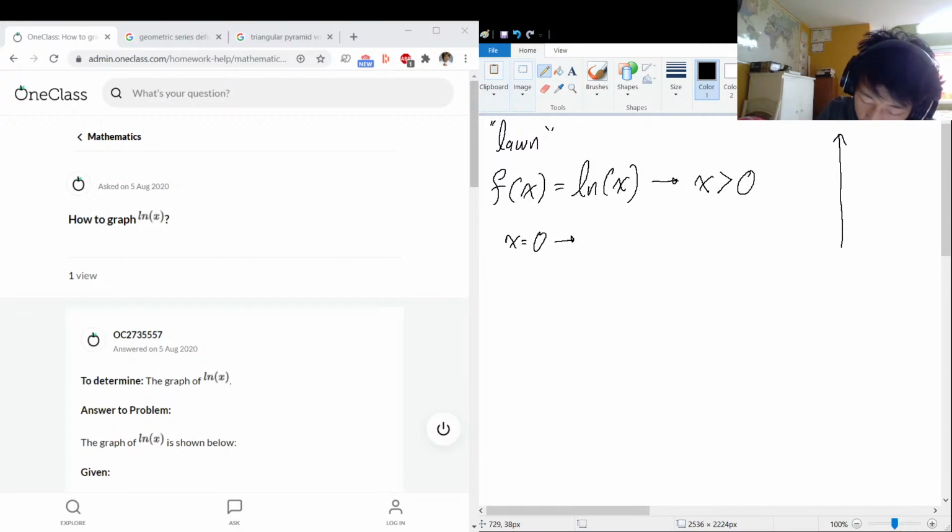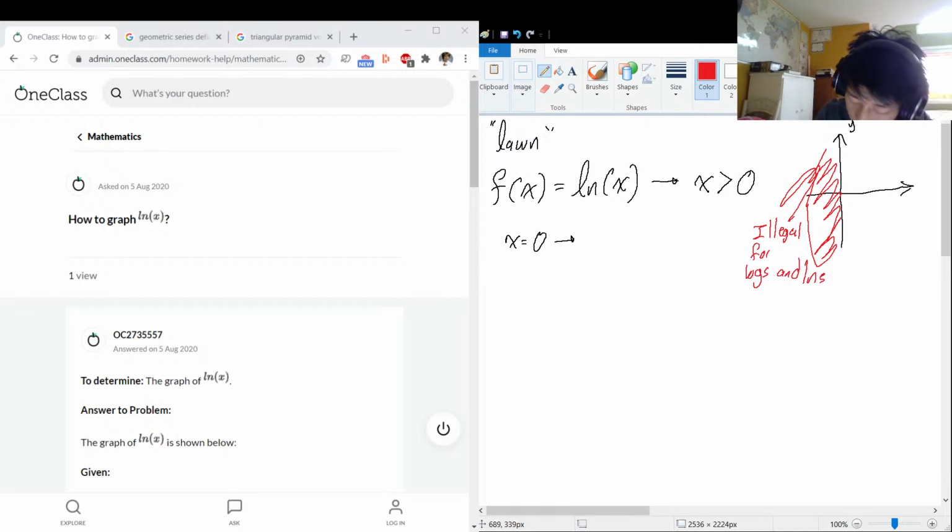So if this is our Cartesian grid here, all this end, illegal for log and ln. Okay, so that's nice.